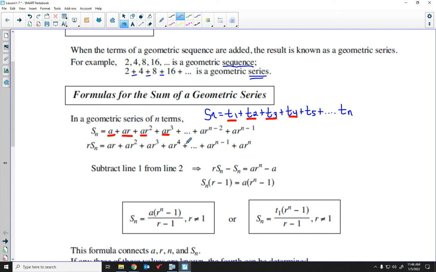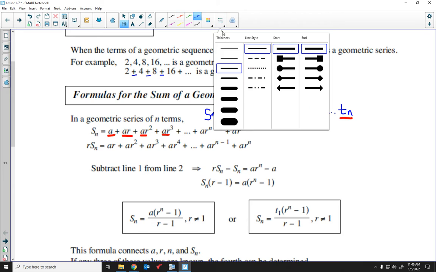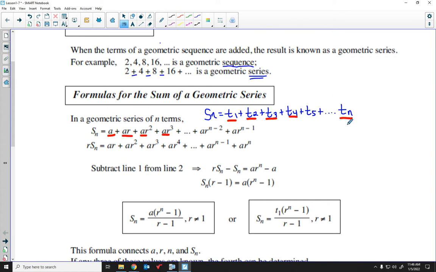Term 4 you can get by taking term 3, which is ar squared, multiplied by the common ratio, which would be ar cubed. To get the value of Tn, you can just use the general term formula for a geometric sequence, which is Tn equals ar to the power of n minus 1.